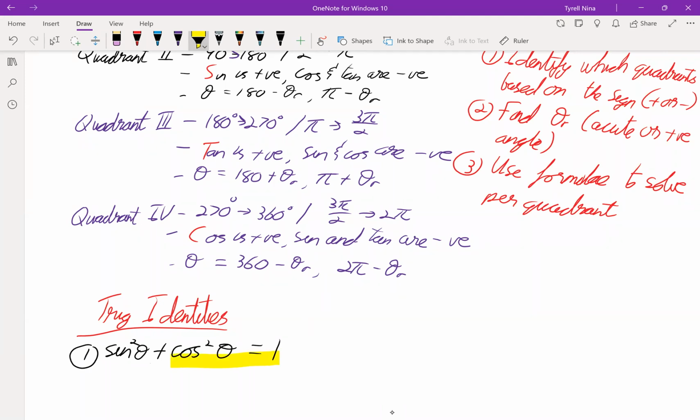You always highlight the ones you need to know, right? Sine squared plus cos squared is 1. And 2, sine theta over cos theta is tan theta. Right? For sure, you need to know these two. Though these two aren't given, you need to know them. All right?